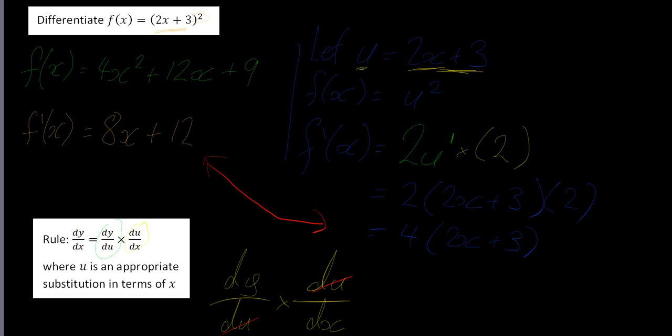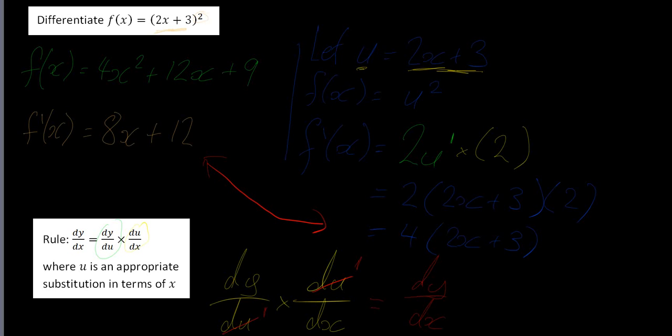So du divided by du is really just 1, isn't it? And all you're left with is dy dx, and this is why chain rule will work when you look at the rule as a whole.